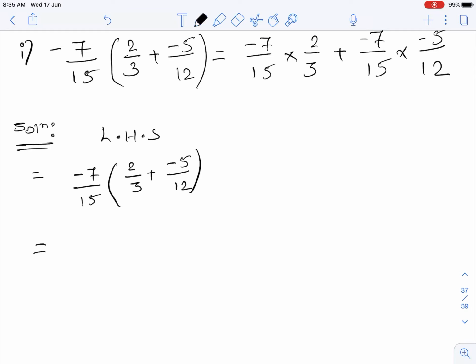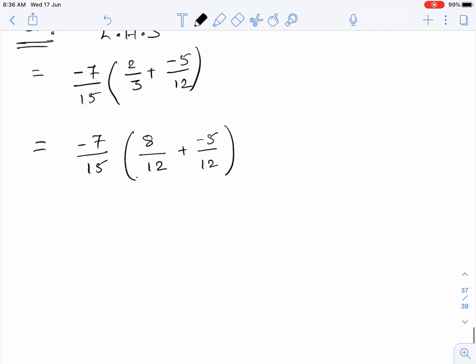So we can write it as minus 7 upon 15 in bracket. Now to make this number 12, we will multiply it by 4, so the numerator will also be multiplied by 4. So 2 4s are 8 and 3 4s are 12, plus minus 5 upon 12 as it is. The next step equals minus 7 upon 15. Now between minus 7 upon 15 and this bracket, no sign is there, means they are multiplying each other.